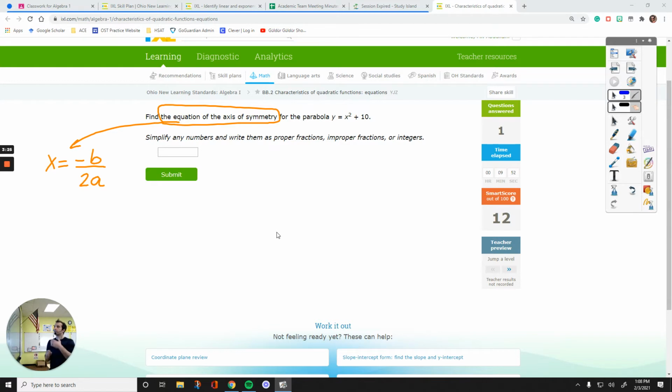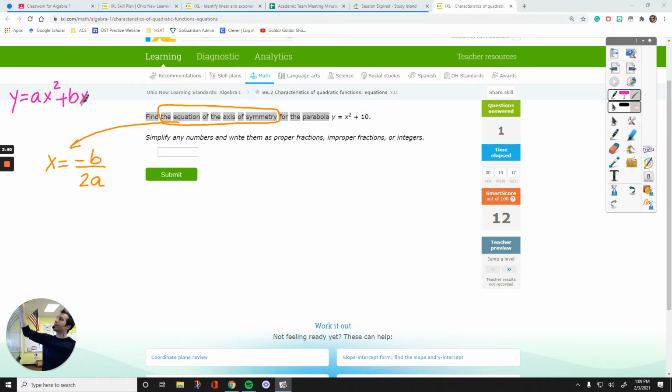The b and a come out of the standard form of a quadratic. Let me put it on top of this. y equals ax squared. Let's say you have 5x squared, then a would be equal to 5, plus bx.